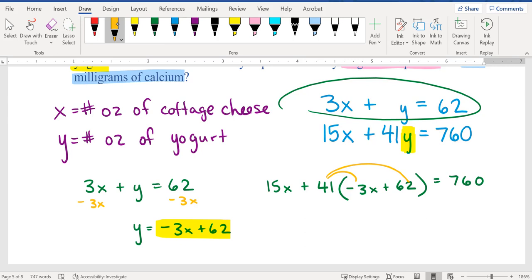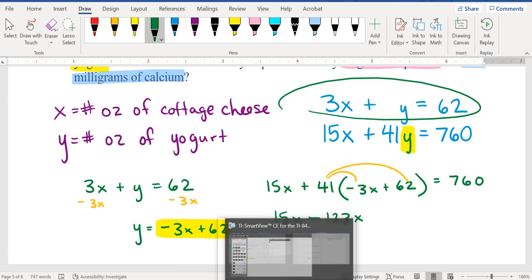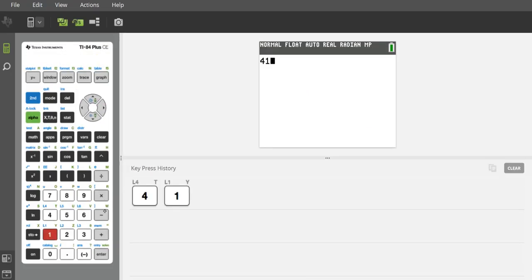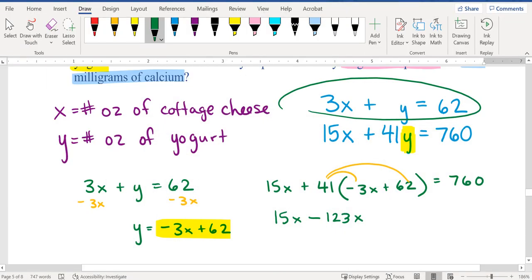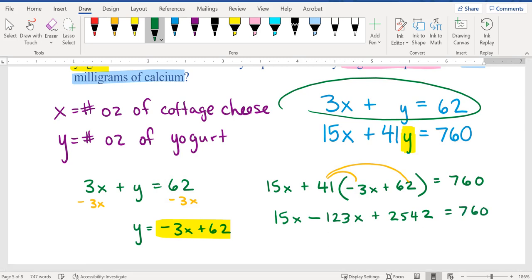Distributing. 15x minus, what's 41 times 3? 123. And 41 times 62 is 2542. And that's supposed to equal 760.